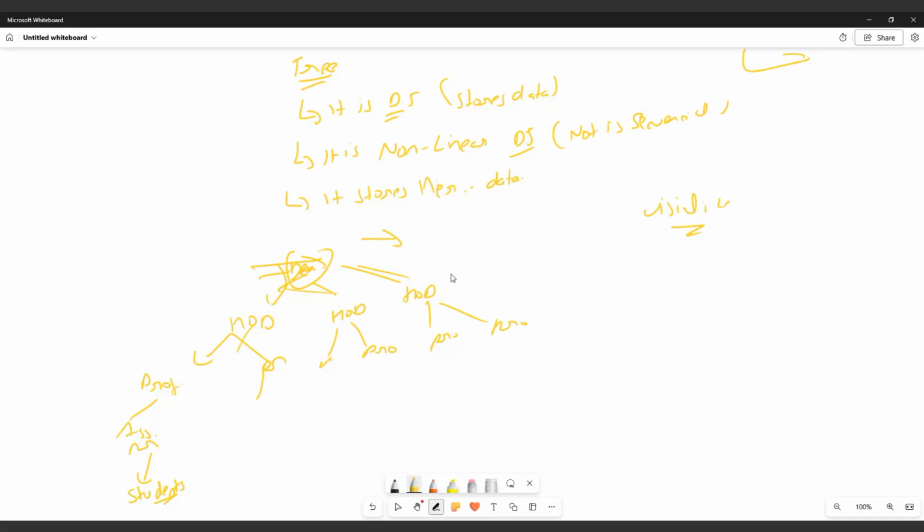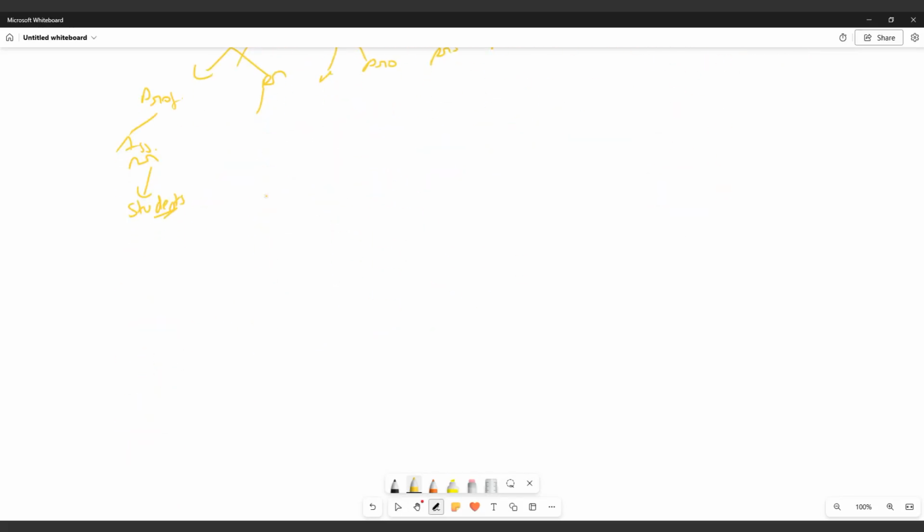Then they have different branches, and from the different branches there are multiple more branches. So it resembles a natural tree-like structure.